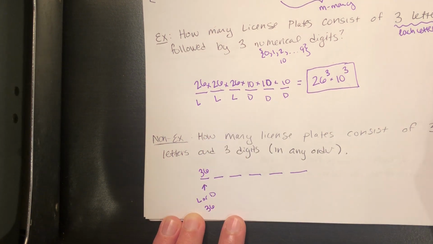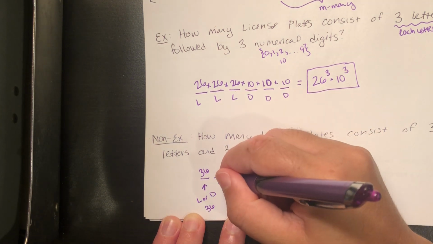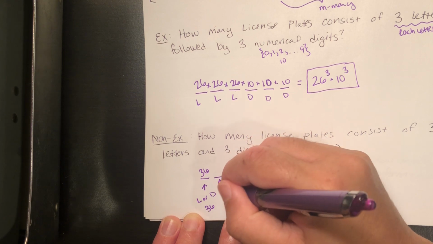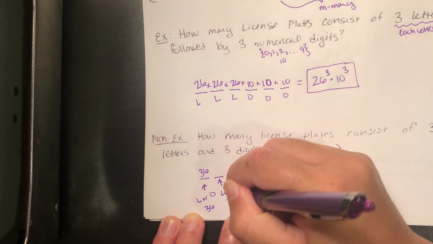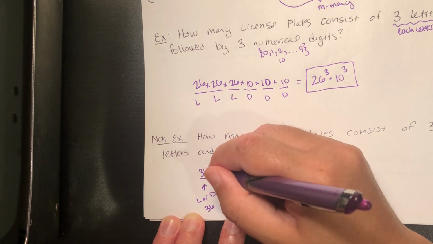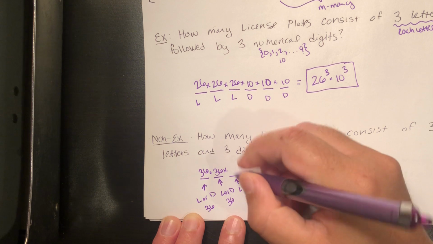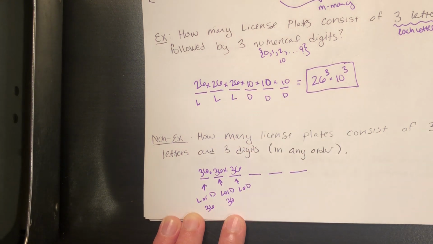Because it could be one of the 26 letters or one of the 10 digits. Now again, whatever you choose in that first spot, a letter or a digit, you can still choose a letter or a digit here. So you still have 36 options here. And again, on this third spot, you can choose a letter or a digit, right? Because you're allowed to have 3 of each.